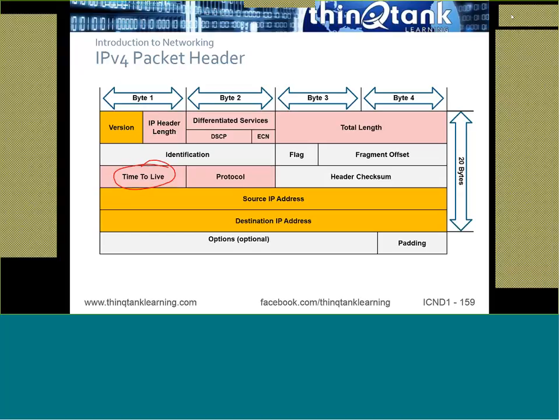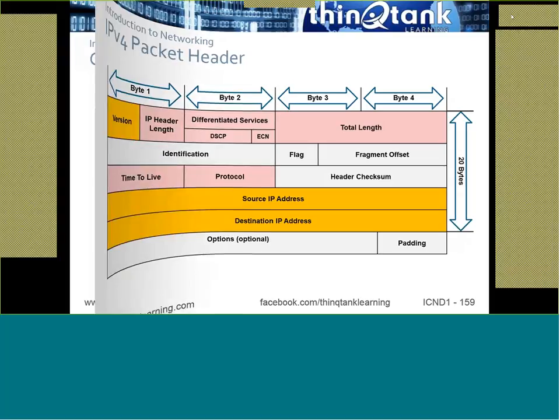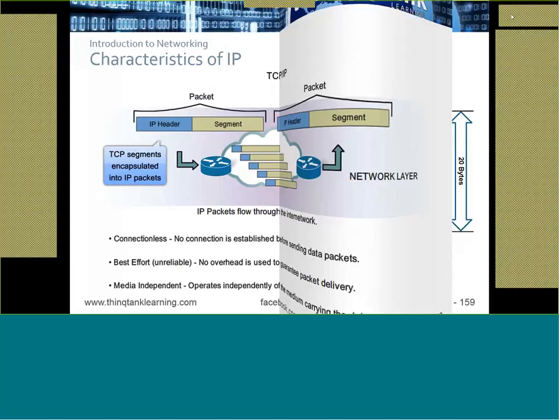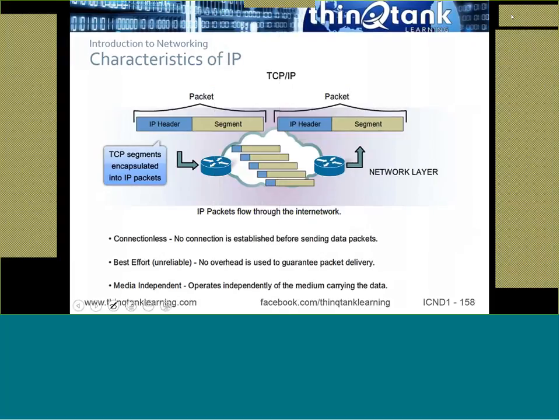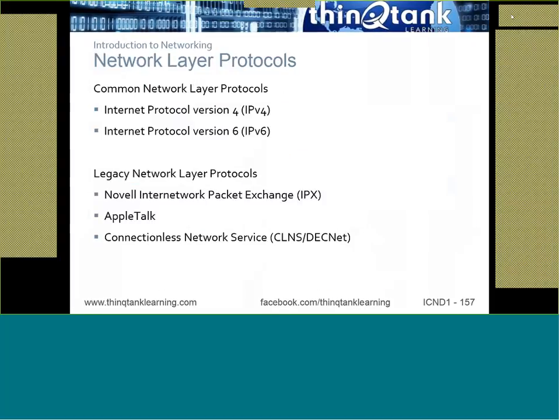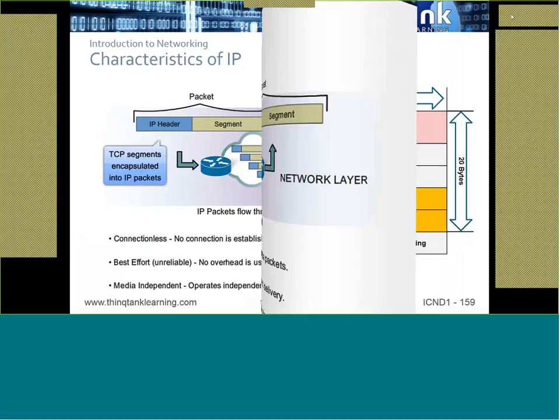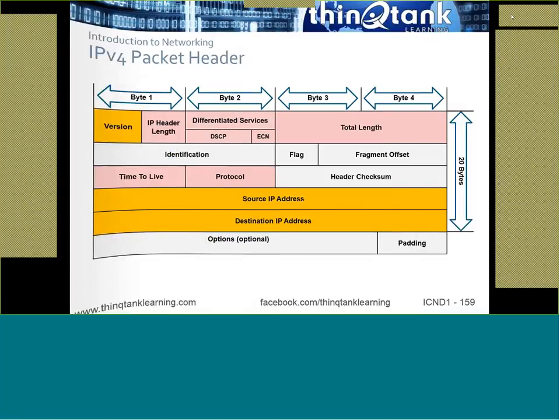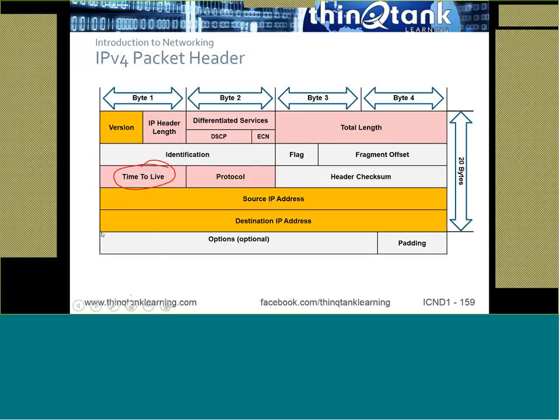And the minimum number I can put in that field is 0. All right? So I'm a computer, I'm generating a datagram. I'm sending out a datagram with a TTL value of 255.